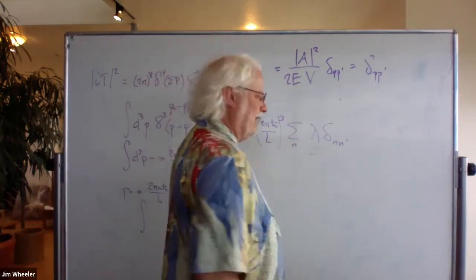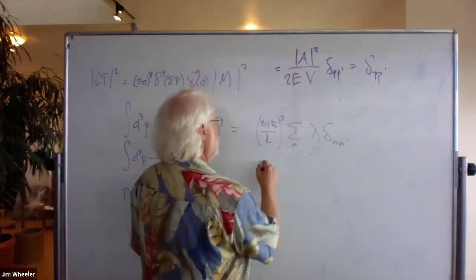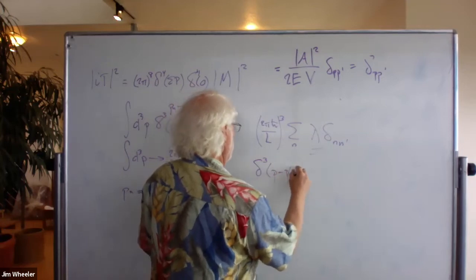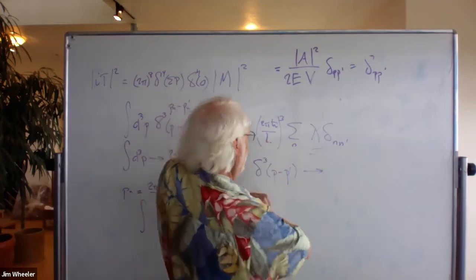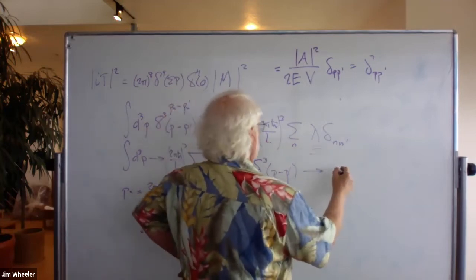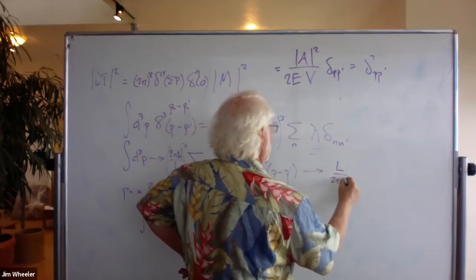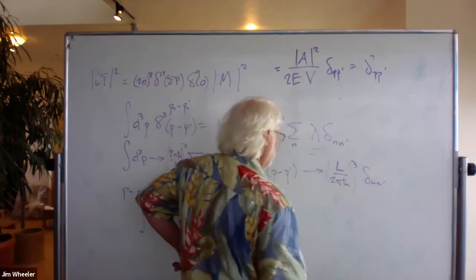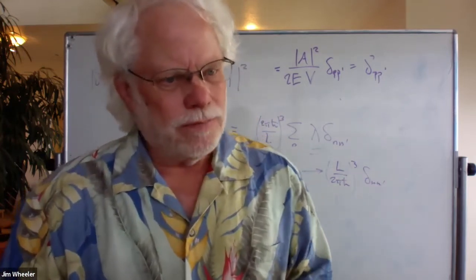So we need lambda to know how the delta function turns into the Kronecker. Lambda has got to be 1 over this factor, so this is going to be (L/2πħ) cubed δ_nn'. So we're going to make that replacement for the delta function.